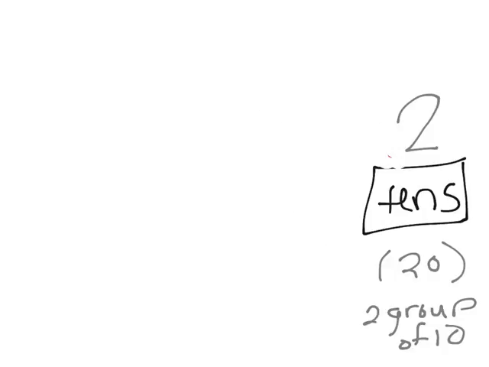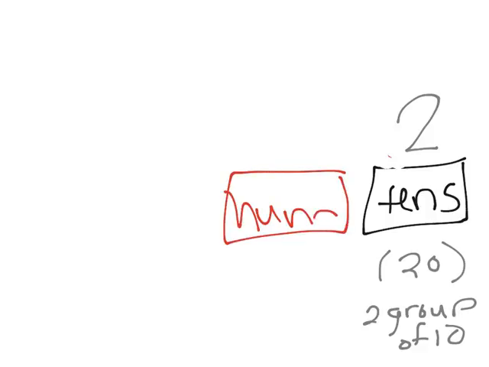So let's look at moving two groups of 10, which is really 20, because I have two groups of 10, to a new place value. Let's move it over to the hundreds place value. What do you need to multiply 20 times, or those two groups of 10 times, to get a new place value?